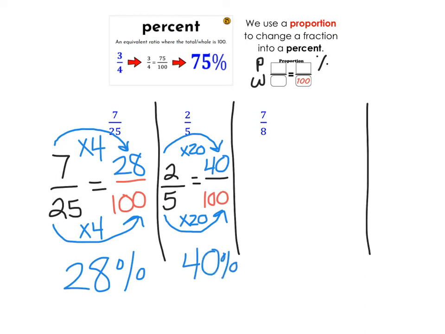Okay, last one here. Let's look at the example 7/8. I already have my part and my whole, and I'm going to set it equal to 100. Because remember, percent is always out of 100. And here, 8 and 100 aren't really compatible. I mean, there is a number I can multiply by, but it's not a nice, pretty whole number.